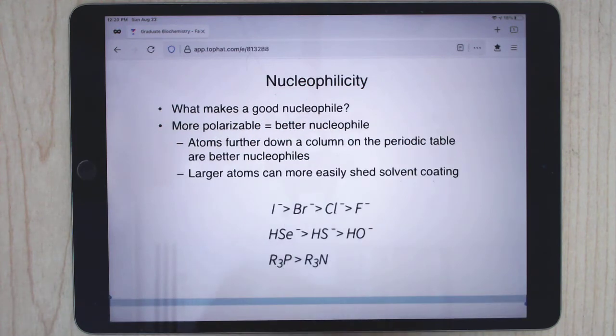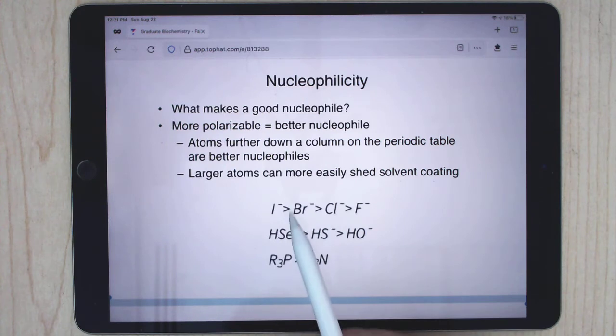Now there is an issue with polarizability. This is where you just kind of have to throw out what I just said, that the better the pKa, the better. Well, it's never that easy, because there is this issue of polarizability. This is typically when you're talking about going up and down a column on the periodic table.